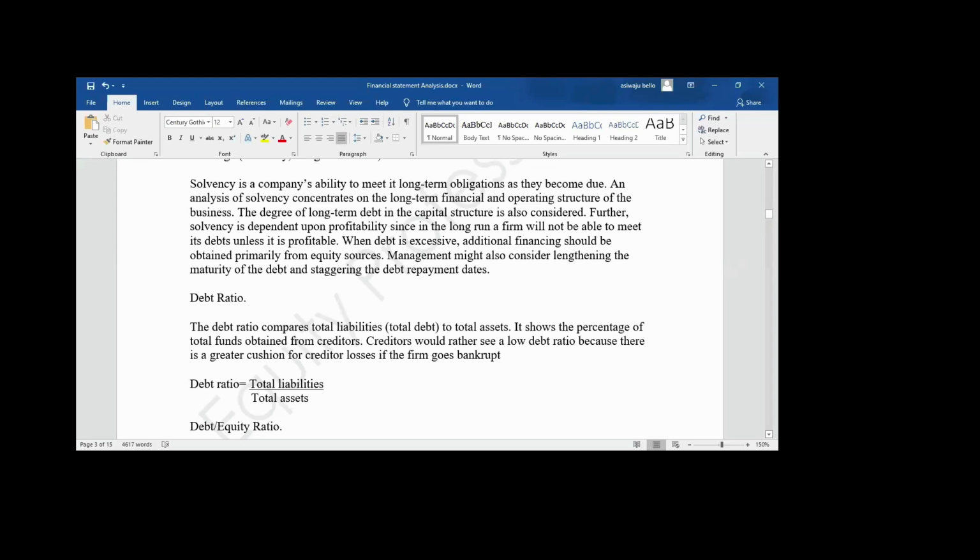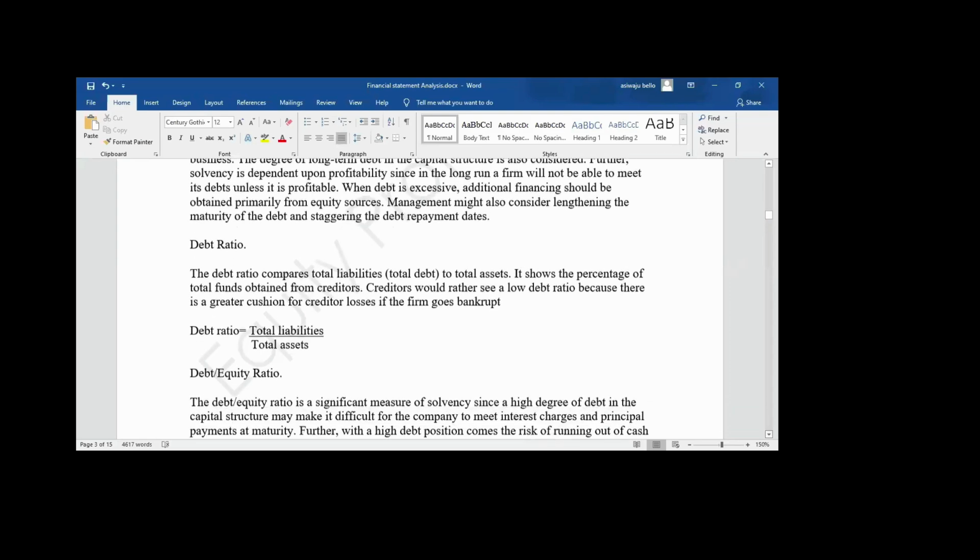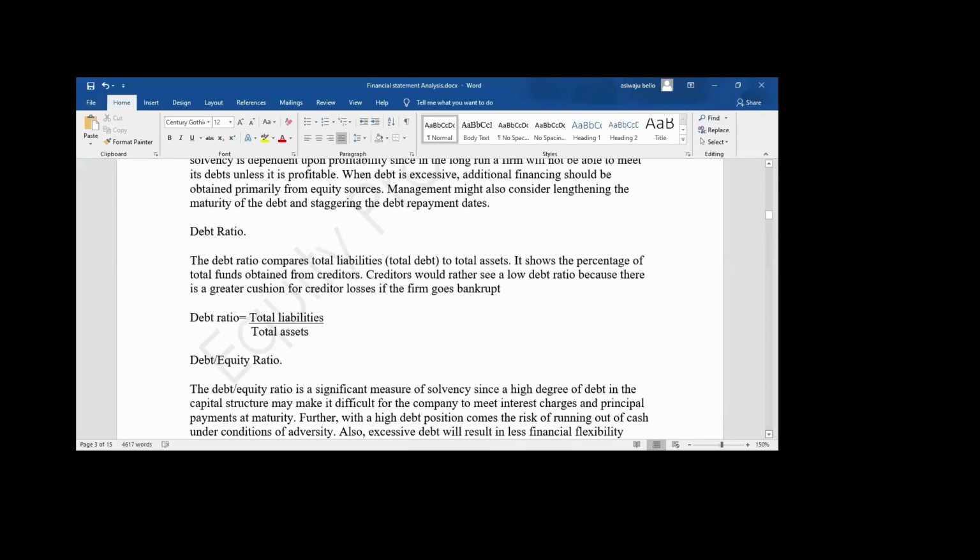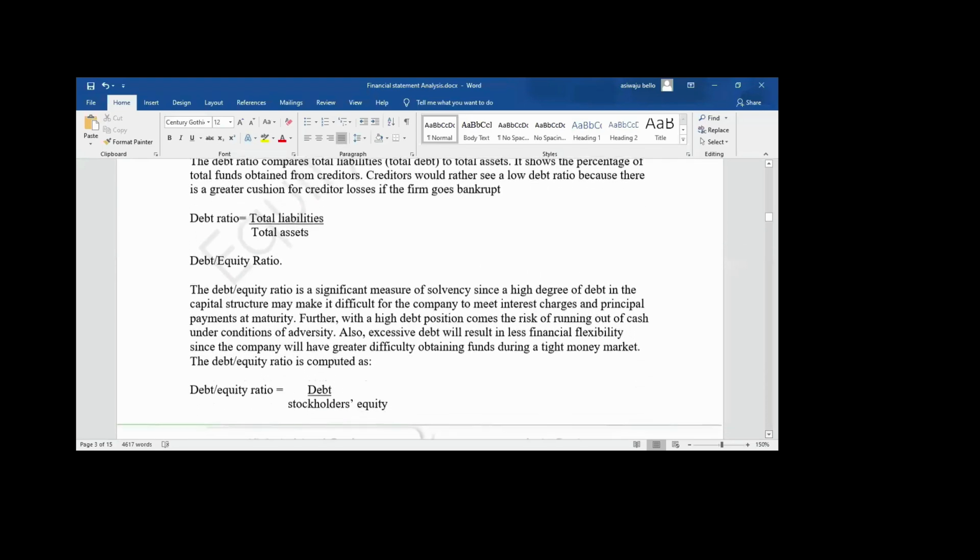It shows the percentage of total funds that we have borrowed from creditors. So you can use debt ratio to assess solvency. We also have debt equity ratio: long-term debt over shareholders' funds.